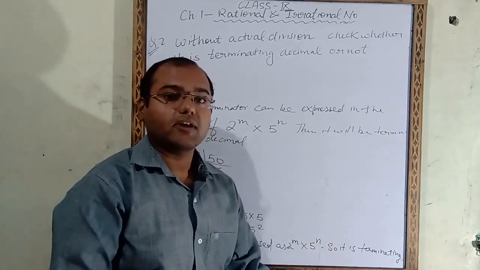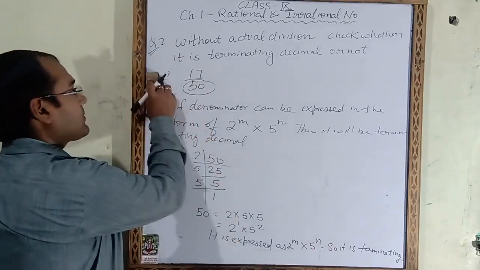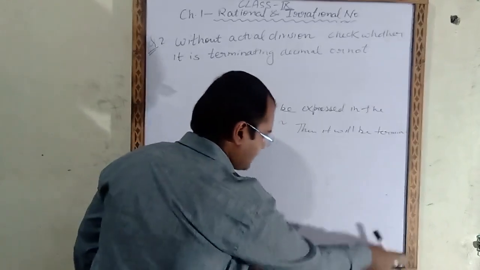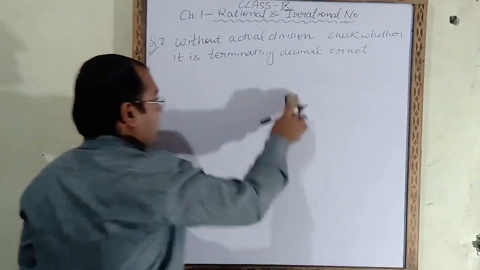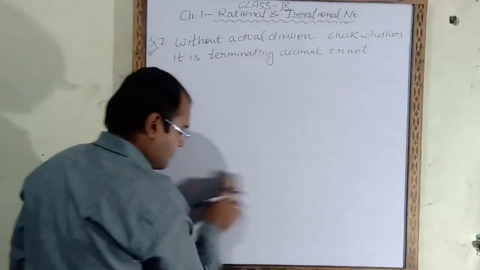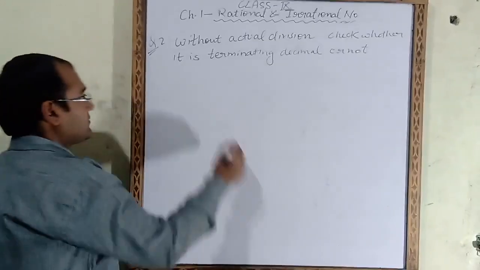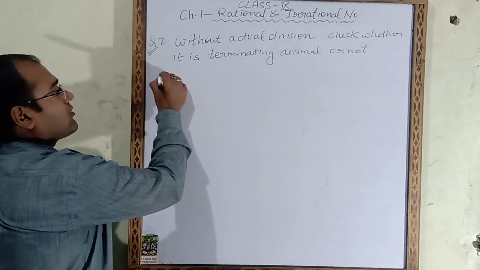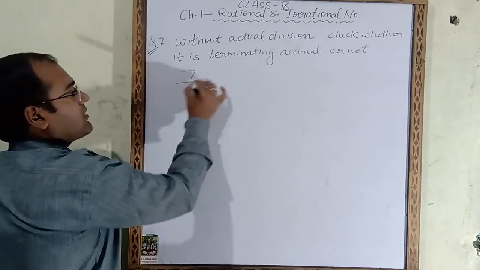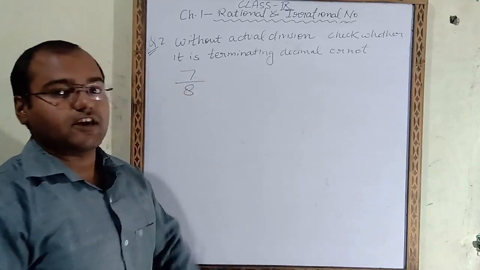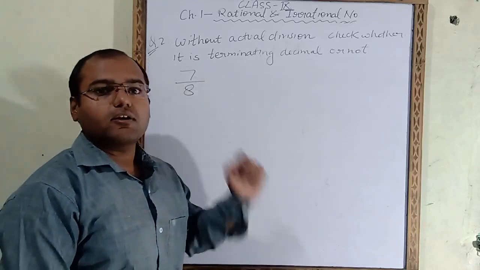Let's take one more example. Question is 7 upon 8. Here also we have to check whether it is a terminating decimal or not.